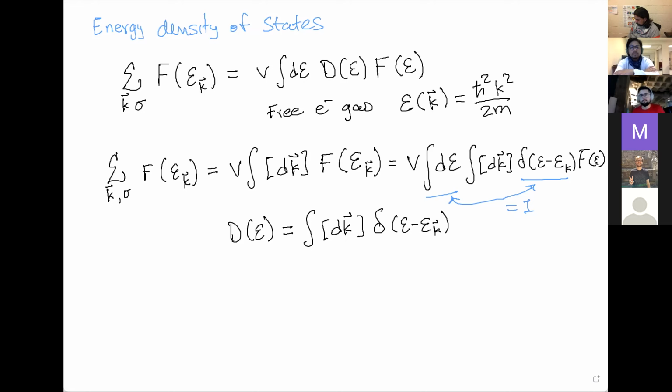So this function is for E_k. This delta function is going to say for all energy, so this integration is over all energies, but then this delta function is going to be such that the only one that I care about, the only one that this is going to matter to, is when energy is equal to E_k. But then my energy is here. So this is an energy now.